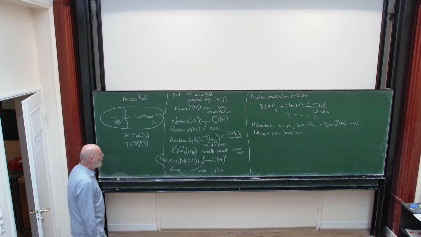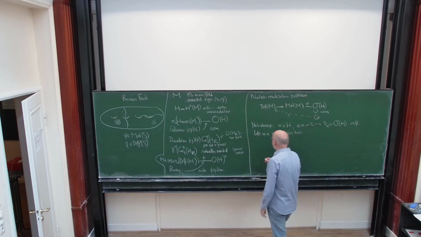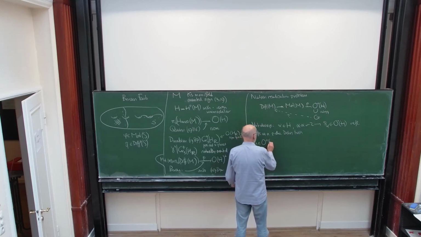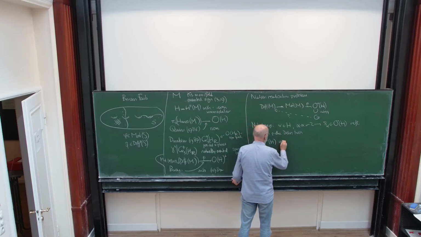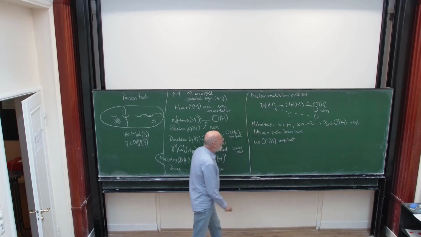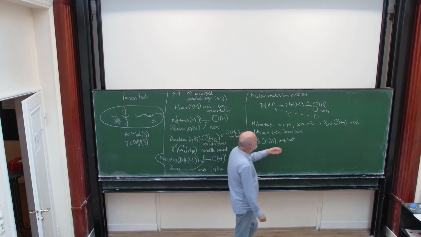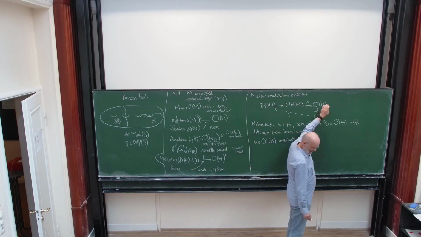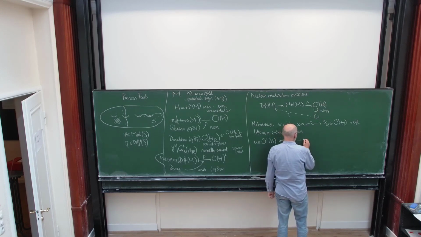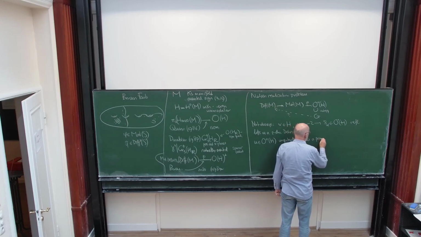But what we can say, at least, is that if I have a unipotent element in here, it will always preserve a primitive isotropic element.